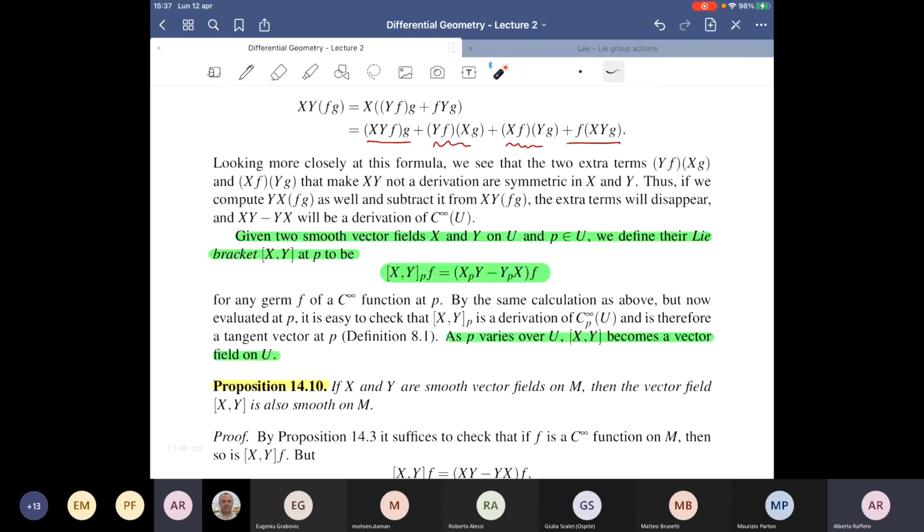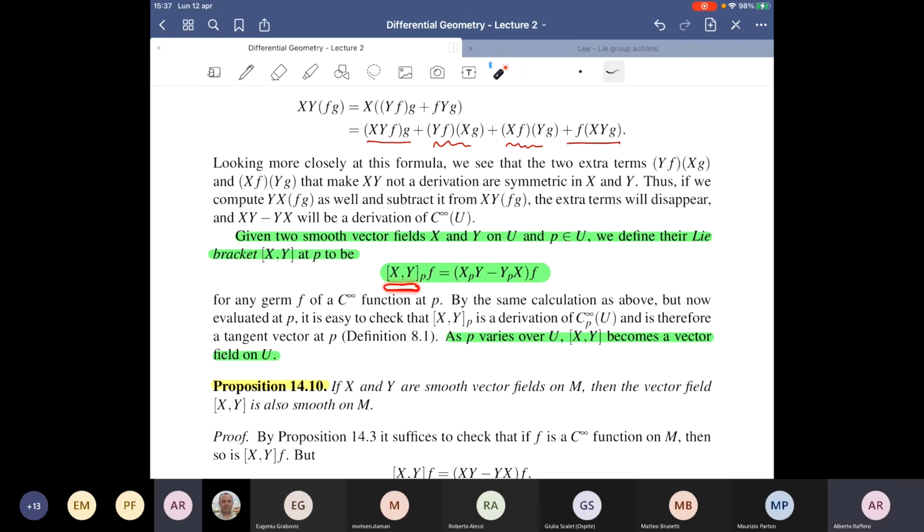And so this suggests the way you can define a new vector field starting from two vector fields. It is precisely this one here. So starting from two smooth vector fields X and Y on an open set, take a point P in the open set, and you define what is called the Lie bracket, denoted in this way, at the point P, to be just the derivation defined in this way.